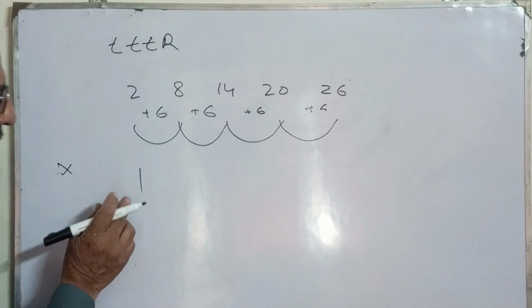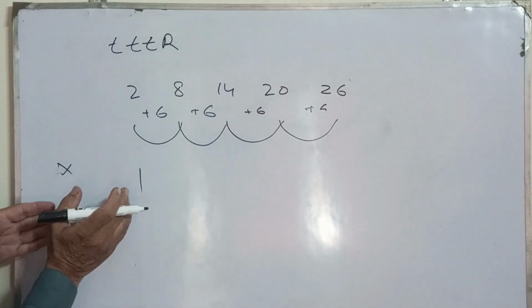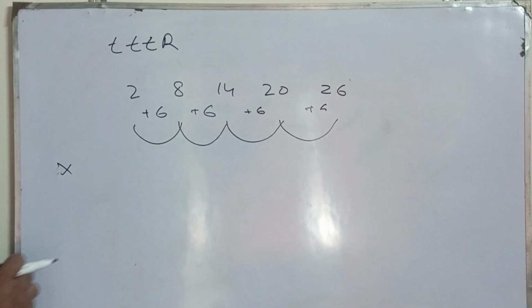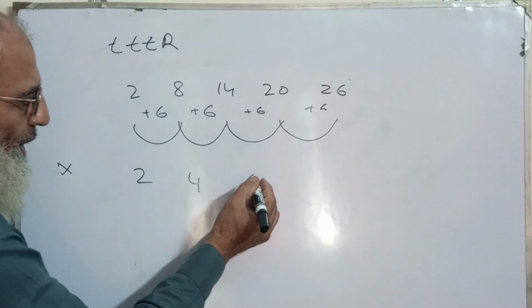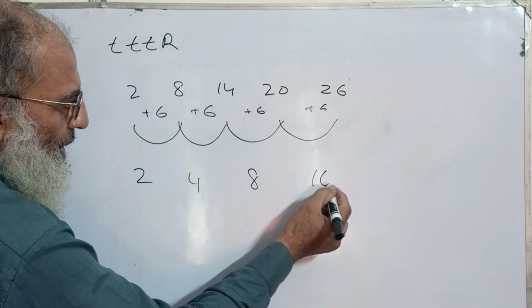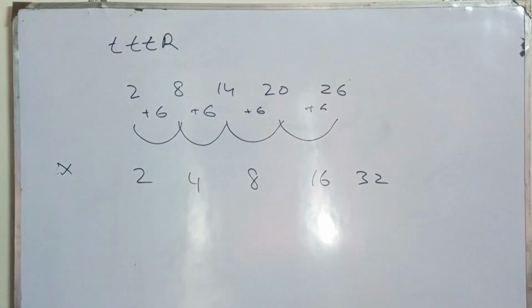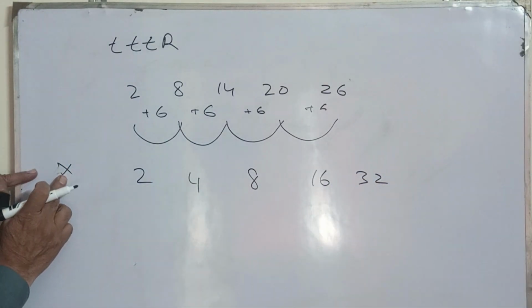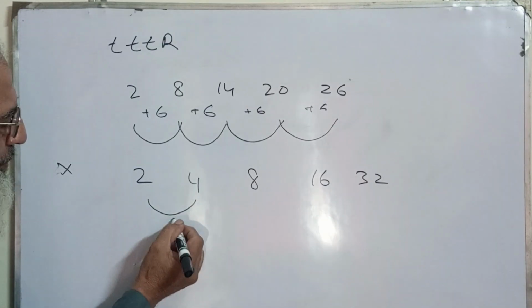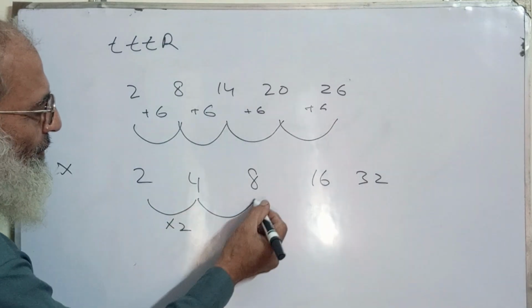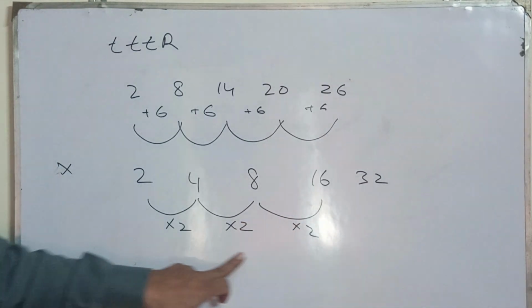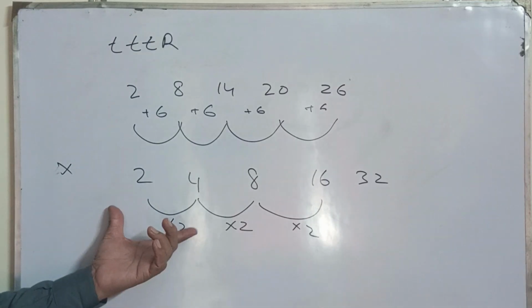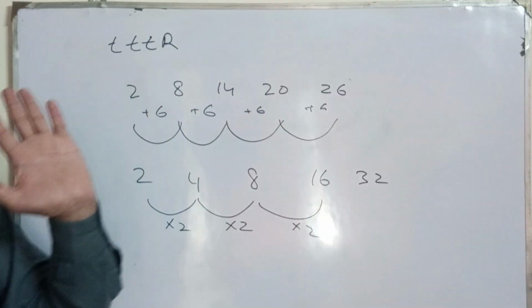Now, if I multiply, for example, with 2: 2 times 4, 2 times 8, 2 times 16, 2 times 32. You see that the increment is multiplying with 2, again multiplied with 2, again multiplied with 2, and so on and so forth.